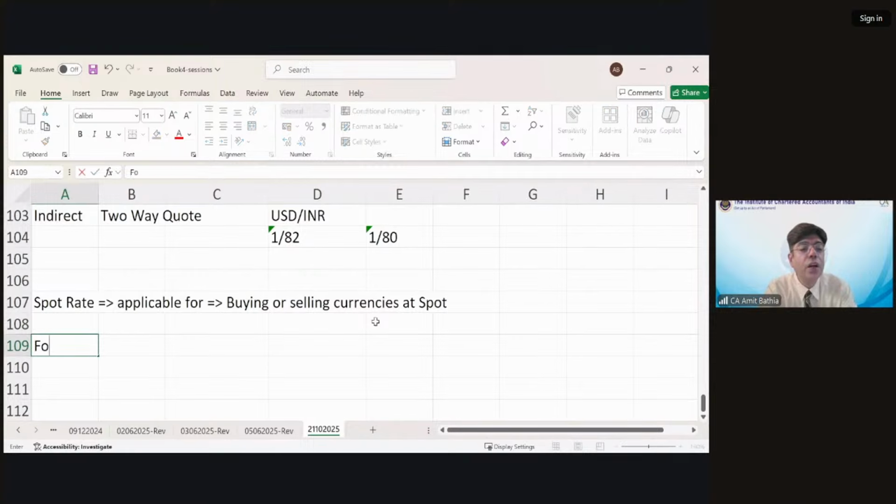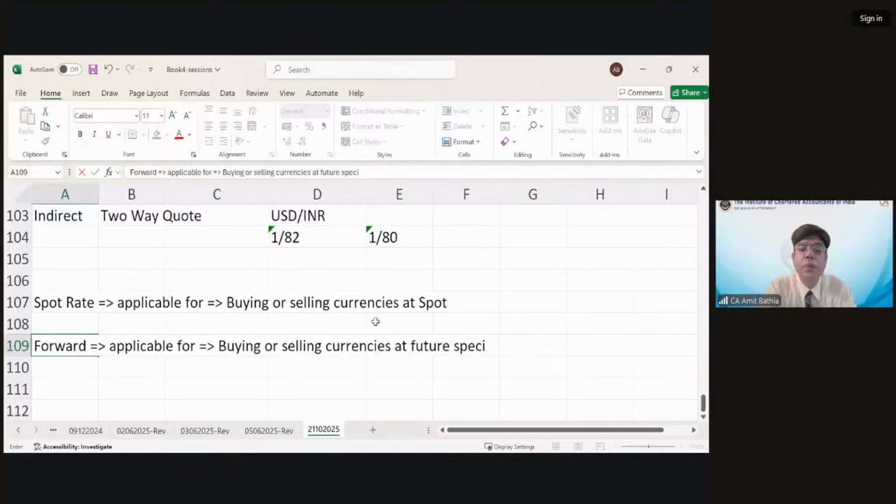Now, obviously, as a result of that, the corollary is, what do you mean by forward rate? Forward rate is applicable for buying or selling currencies at a future specified date.